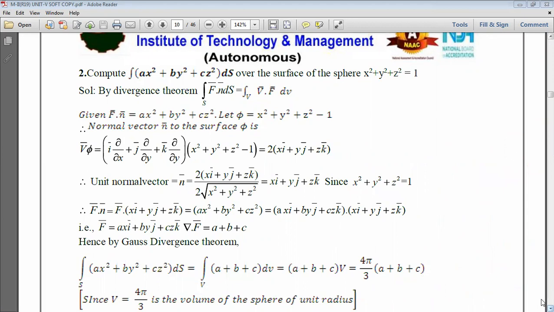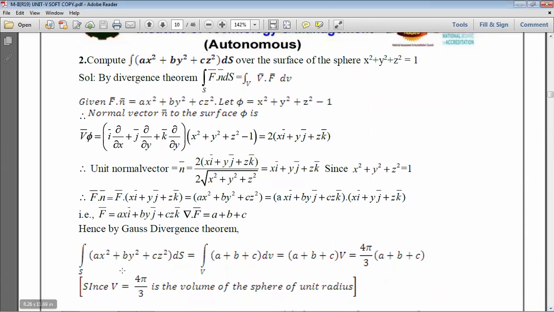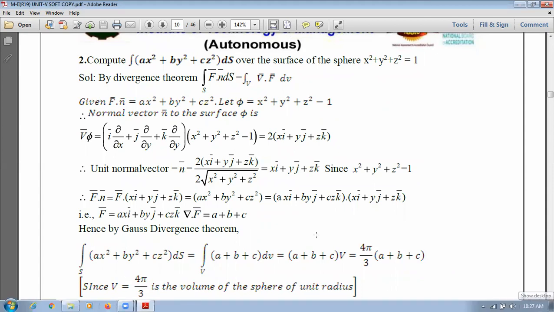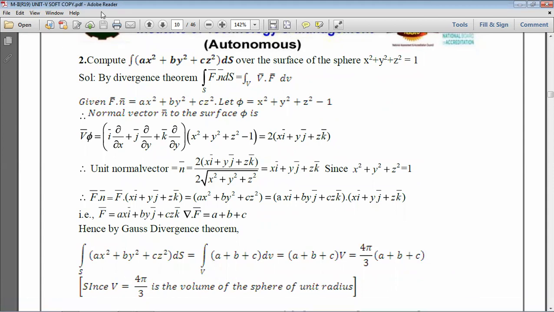No need to write the limits or any of those things. Since V is equal to 4 third pi r cube, it is the volume of the sphere of unit radius. So this is the second part. This is just to compute or evaluate by applying the divergence theorem. In that case, you need to find it like this. Okay, and next.